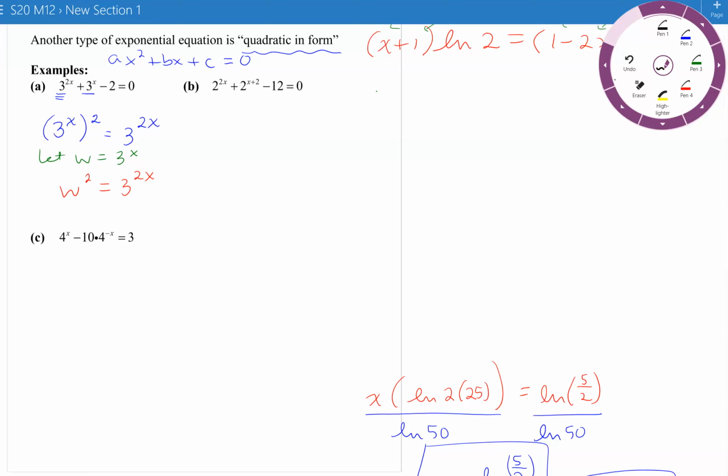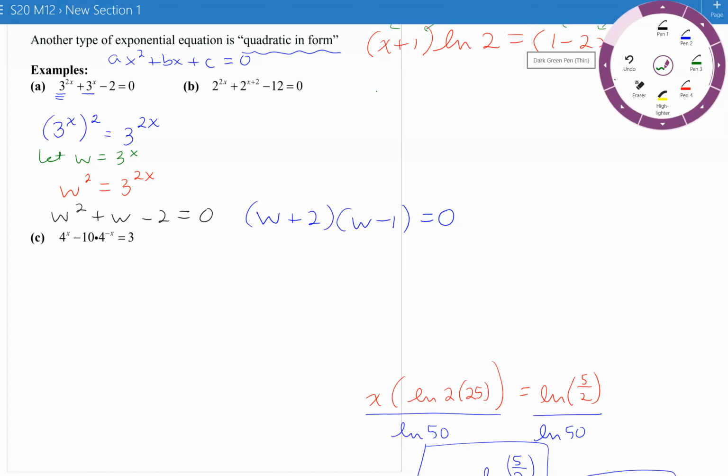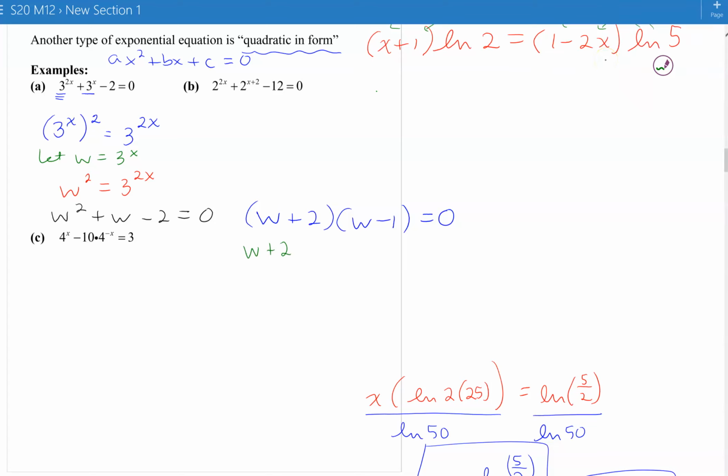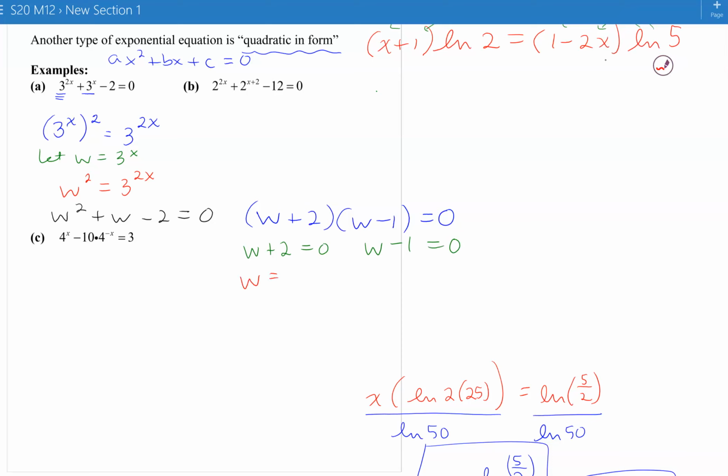So it's going to look like w squared plus w minus 2 equals 0. Well, that looks like something we know how to solve. If we have w plus 2 times w minus 1, that's going to be the equivalent, but factored. And then we use our zero product property to say w plus 2 is 0 or w minus 1 is 0. So w either equals -2 or 1.